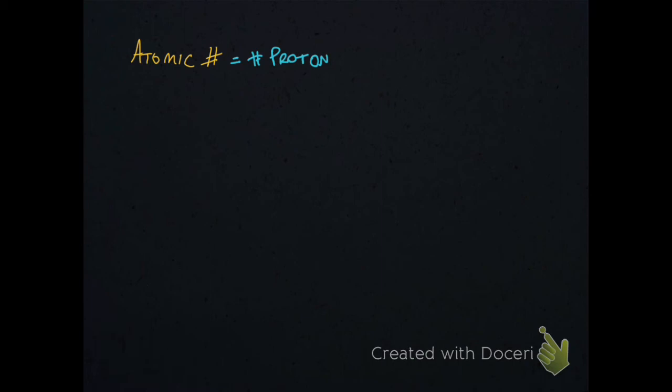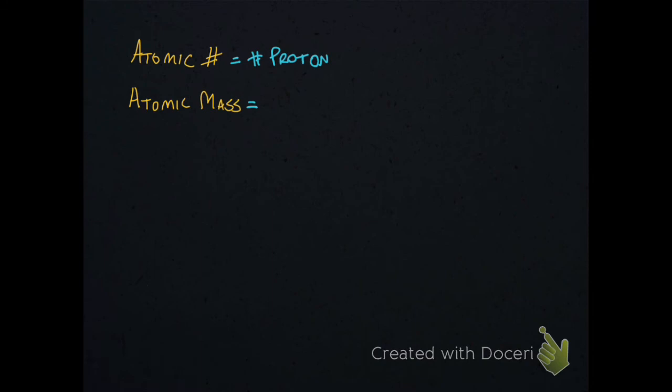And then from there, let me pull up one of these real quick. It asks you for the atomic mass. And the atomic mass is an average of all the isotopes.